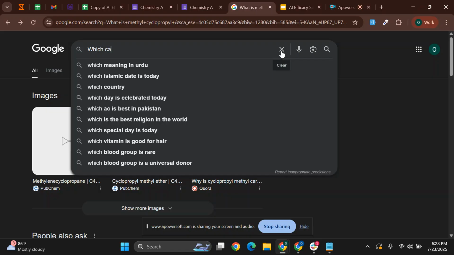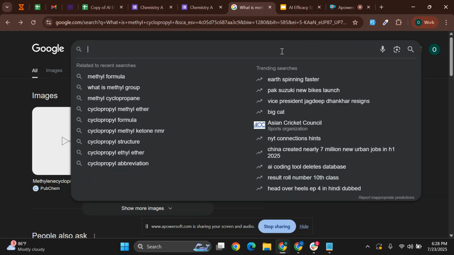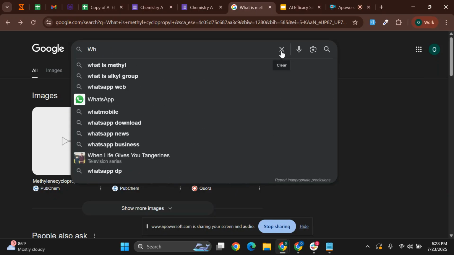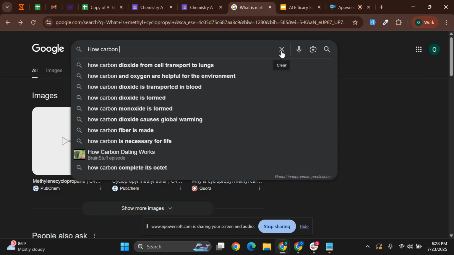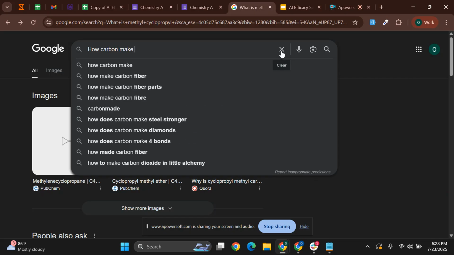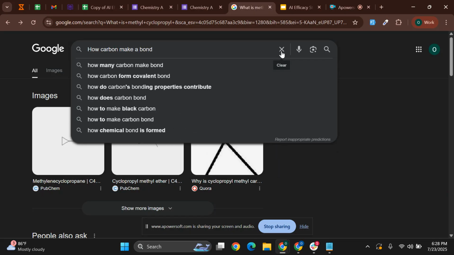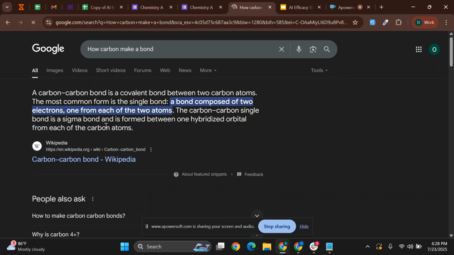Why does carbon make another bond? A carbon-carbon bond is a covalent bond between two carbon atoms. The most common form is the single bond, a bond composed of two electrons, one from each of the two atoms.